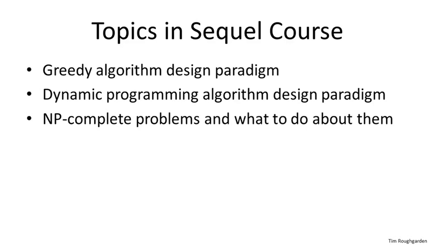The second part of the sequel course concerns NP-complete problems and what to do about them. Now, NP-complete problems are problems that, assuming a famous mathematical conjecture you might have heard of, called the P=NP conjecture, cannot be solved by any computationally efficient algorithm. We'll discuss the theory of NP-completeness, with a focus on what it means for you as an algorithm designer.